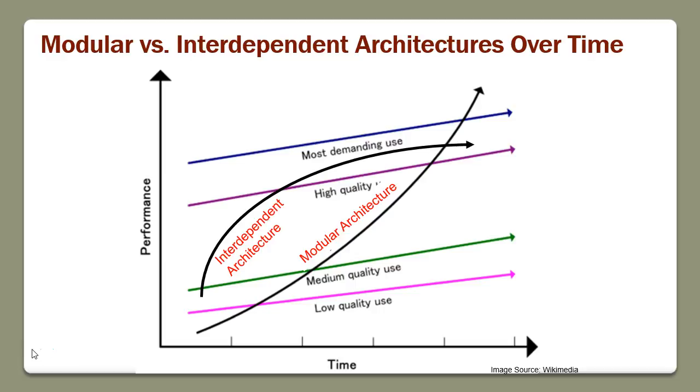There's a long history around architectures where interdependent architecture is a way to get things done really quickly, but modular architecture in the long term often has the highest performance. One example of this was the Apple computer versus the PC. IBM had a modular architecture, Apple had an interconnected architecture.